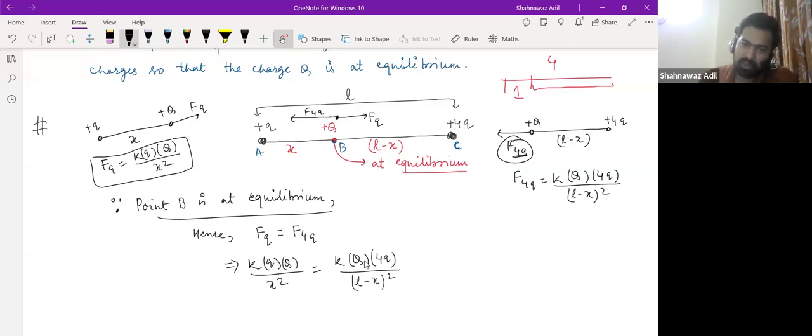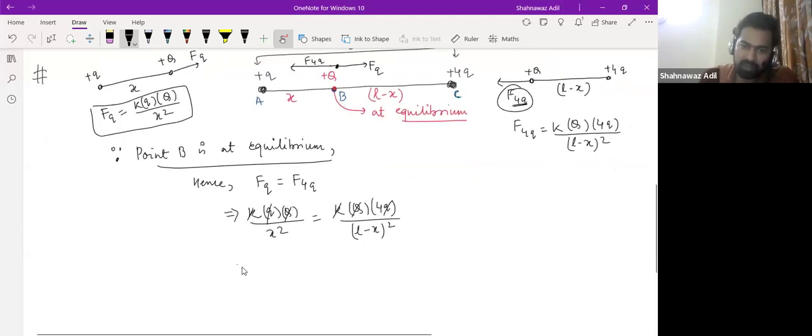So this Q and this Q cancel, this Q and this Q cancel, this K and this K cancel. So what do we have? We have 1 by X square equals 4 by L minus X whole square.